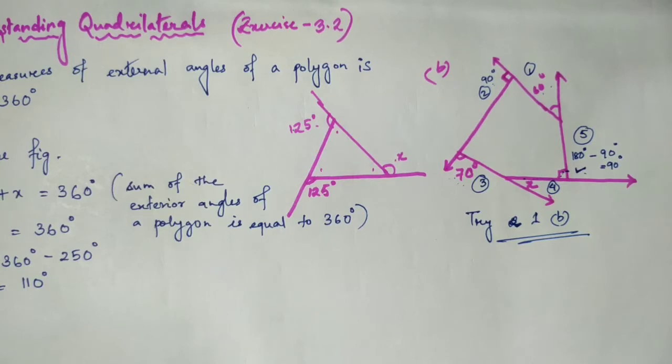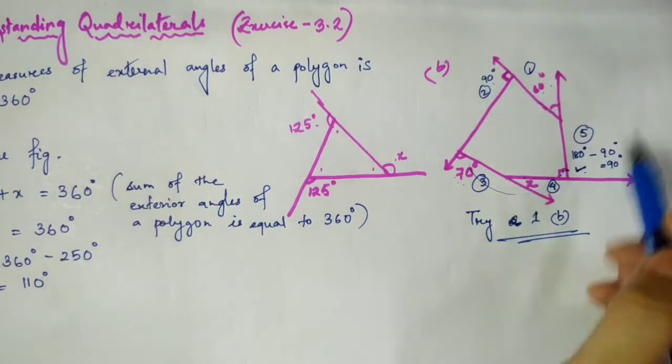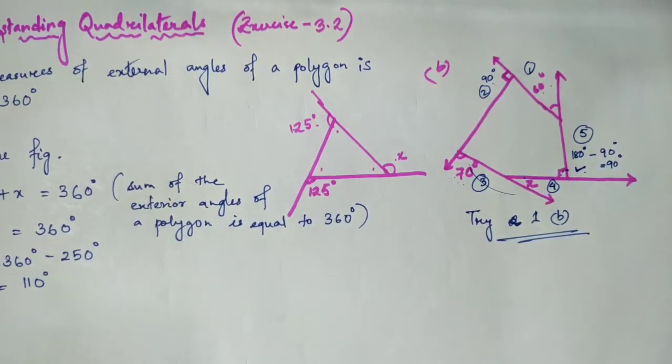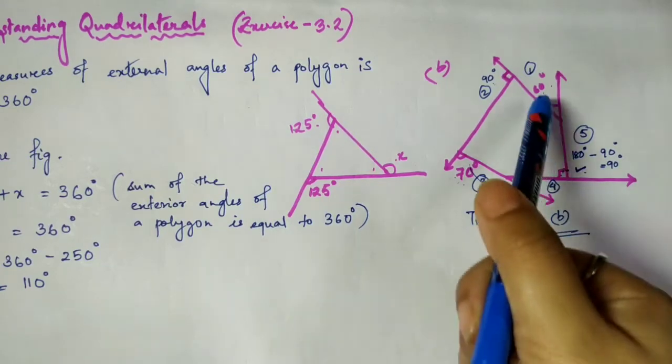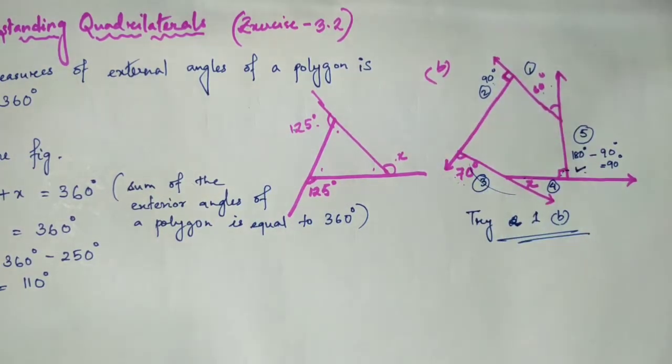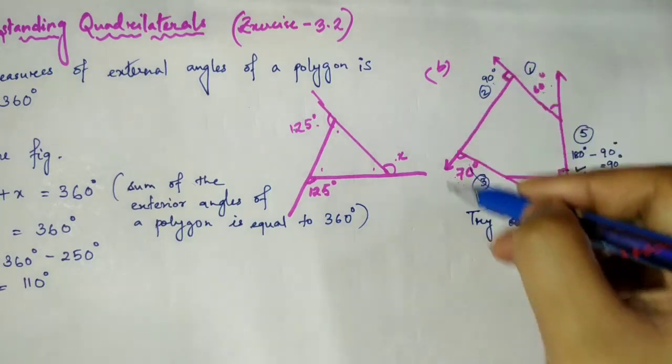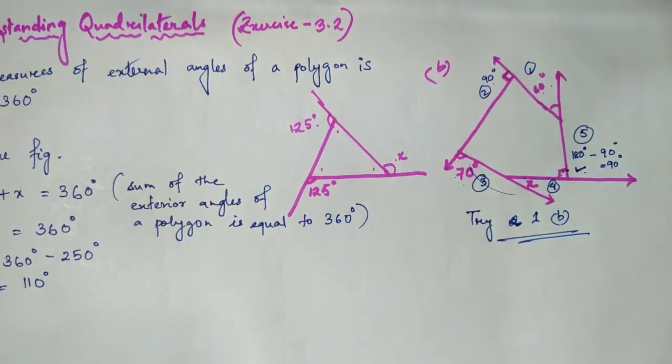Now for question number 2, there is one more thing that you have to know, that is the measure of each exterior angle of a, how do you find, suppose it is a regular polygon. Okay, the polygon has to be regular for the particular sum that we will talk about. The polygon regular means all the sides and angles have to be equal. So we know that all of the exterior angles, the sum is equal to 360 degree.